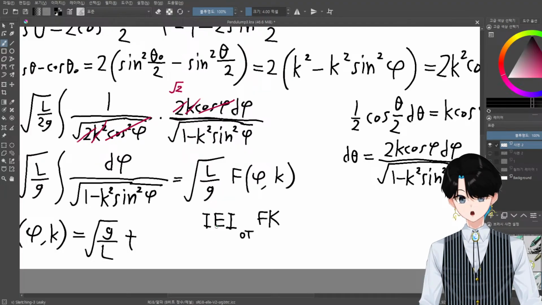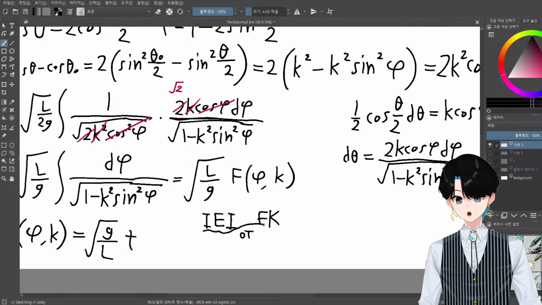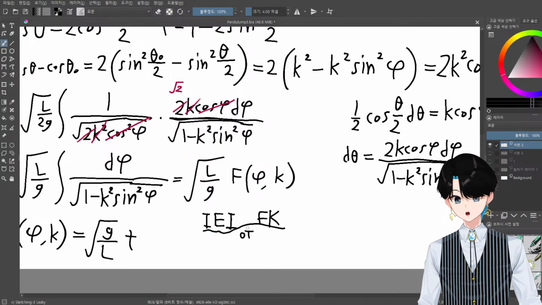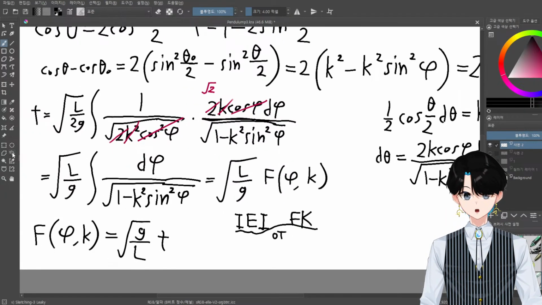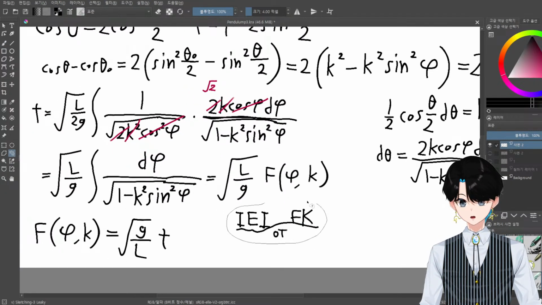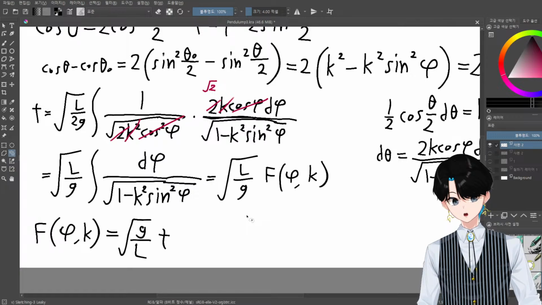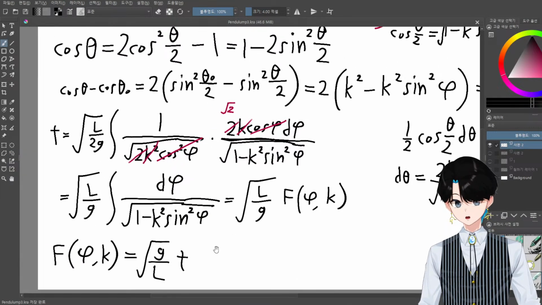Okay, I'm going to name it elliptic. Sounds like I'm saying a swear word, maybe this is not a good idea. I'm just going to ignore it.